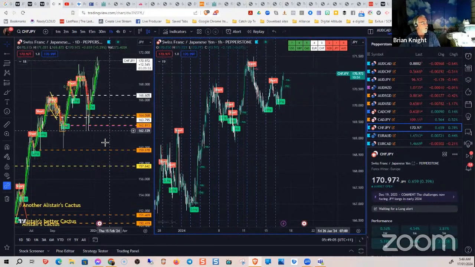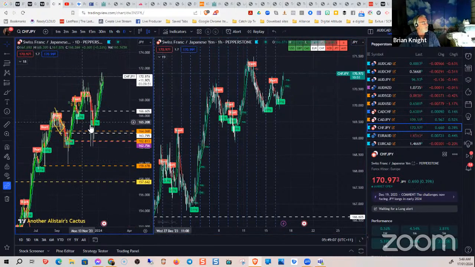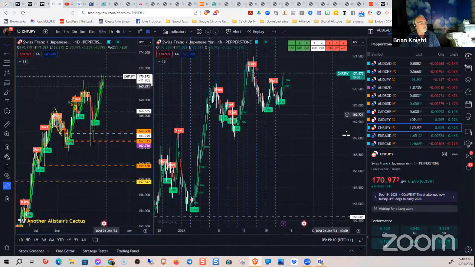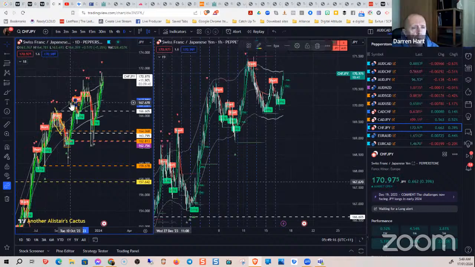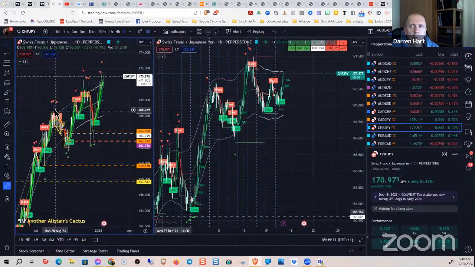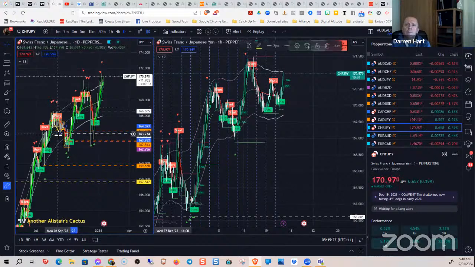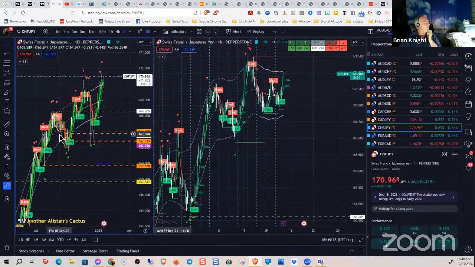Right, CHF JPY. Well, that's pushed way up here, hasn't it? If you're not already in that one, this one's going to get a potential for a turn. It's taking some of these pieces off.